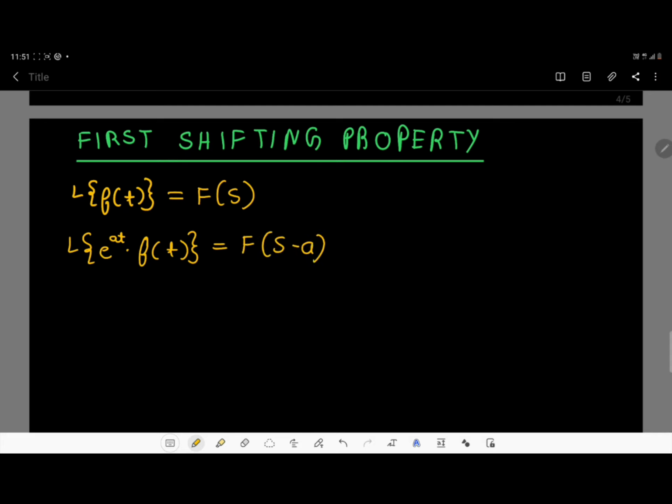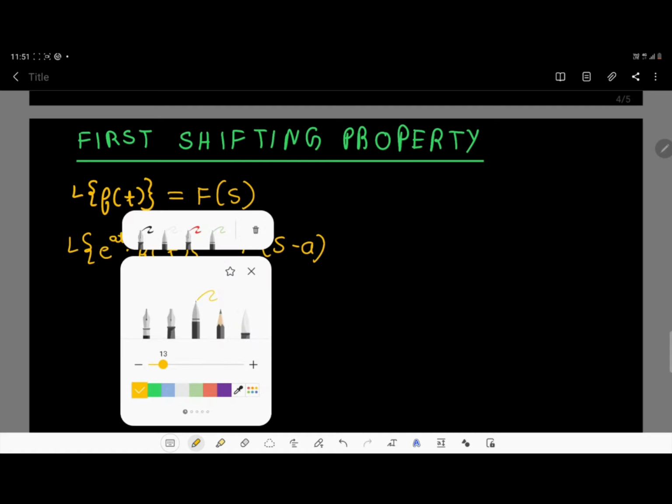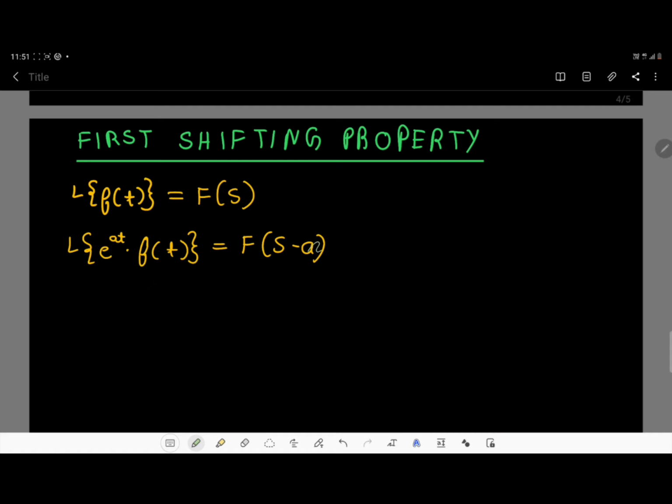So it will be offset by an amount a only, because here I am multiplying with a factor a. Hence this will be offset by a. Just remember one thing: in this case s is replaced by s minus a.